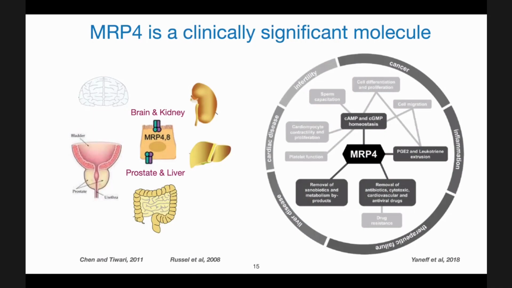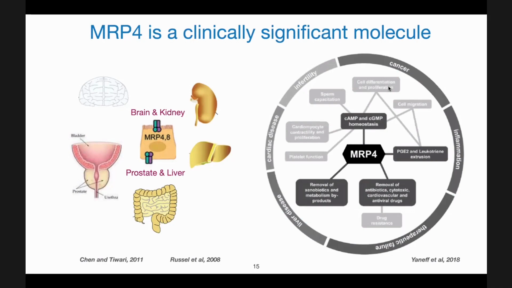The unusual thing about MRP4 is that it can be expressed on the apical side as well as on the basolateral side. And MRP4 is very clinically significant because it is involved in various processes like cardiomyocyte contractility and proliferation, sperm capacitation, cell migration, and cell differentiation and proliferation.